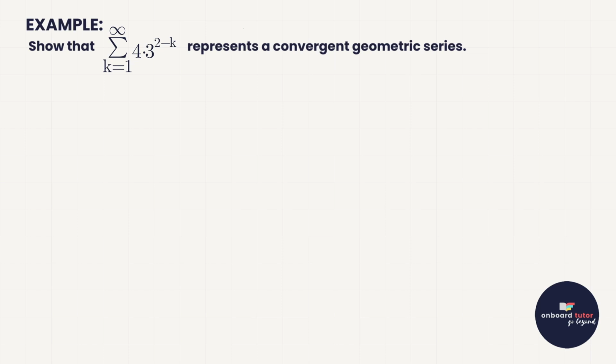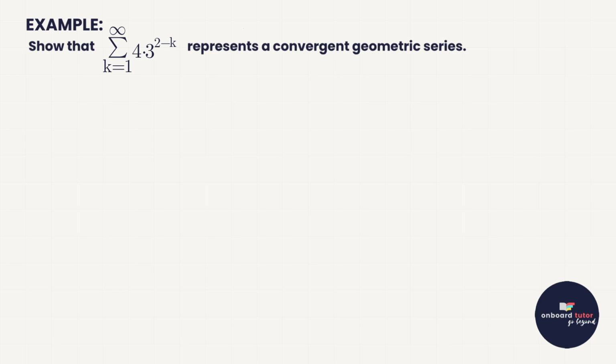Let's have a look at an application question. Show that the sum of this series up to infinity represents a convergent geometric series. Convergent means we're looking specifically for that r value. We are going to need to just substitute in some values of k. So let's do that.